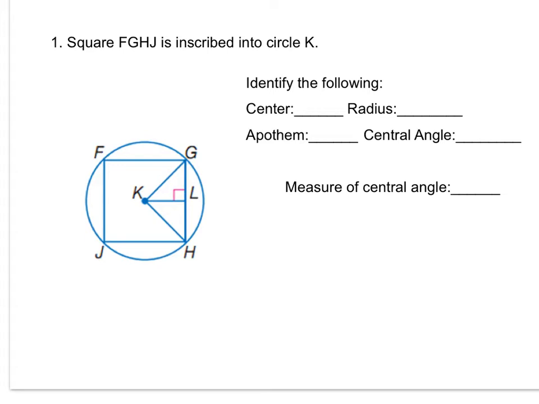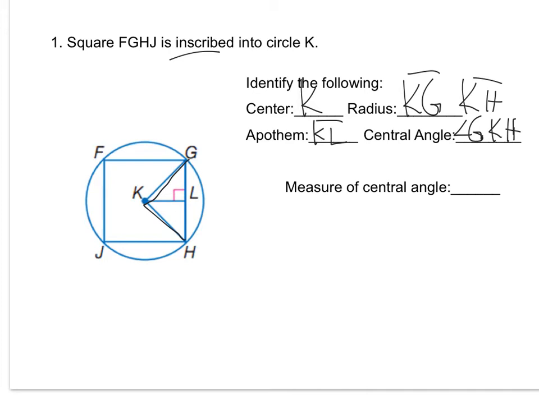So right now, apothem and central angle, that's what you're looking at. If I take a look at the square, the square is inscribed in circle K. All the corners, all the vertices are touching the circle. So the center would be point K. The radius would be either KG or KH. Those would both be a radius. The apothem is going to be KL. So my central angle is going to be GKH.